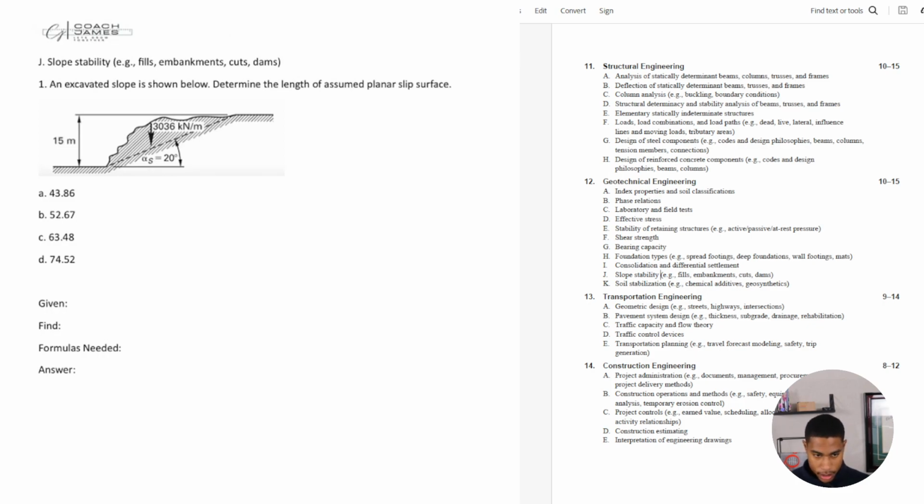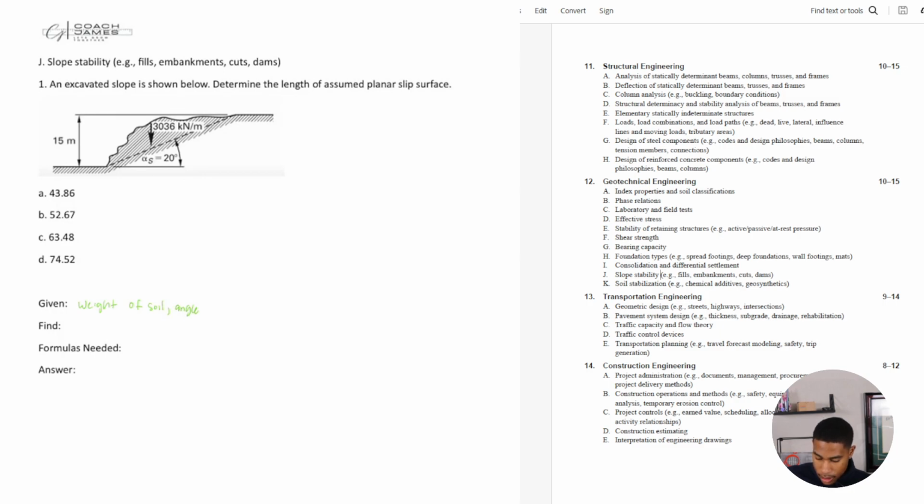So let's write out our given information. They give us the weight of the soil. They also give us the angle, some sort of angle, don't know what that angle is.